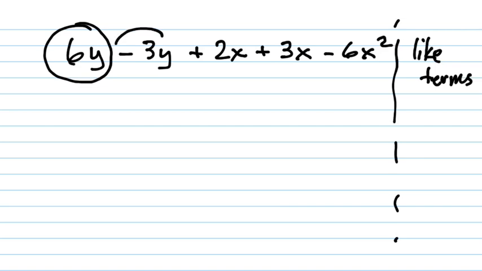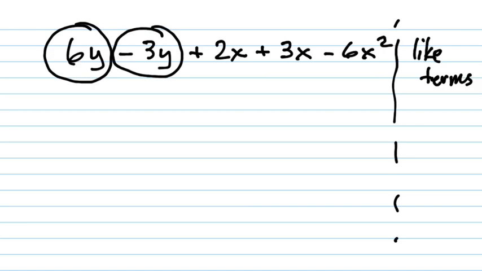Yes. Here's another one. It's negative 3y's, right? Are any of those other terms y terms? No. So do you see, when I have a long string of them, what I tend to do is circle the ones I'm going to use, and then move on. So those two are both y terms, so they can be combined.